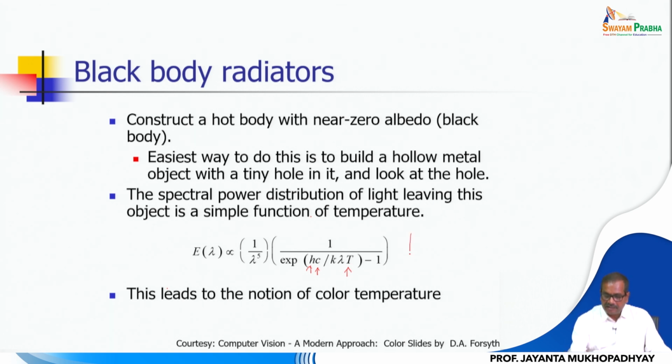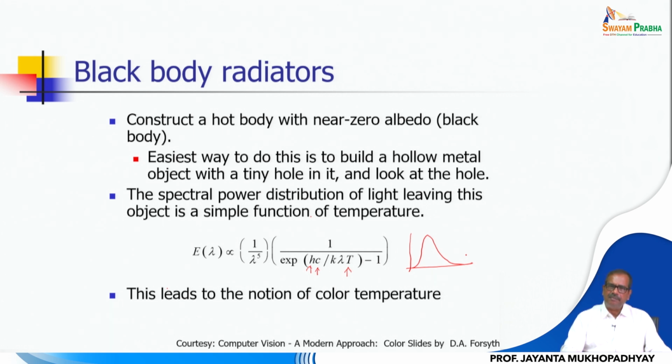Something like in physics books, you may find there is a certain kind of profile for this kind of energy distribution, which has a certain peak within some wavelength band. Now everything depends upon temperature, because all other constants are fixed. So with varying temperature of the black body, you will get different profiles.